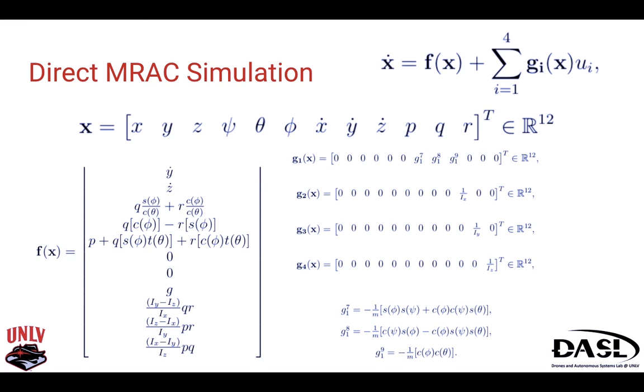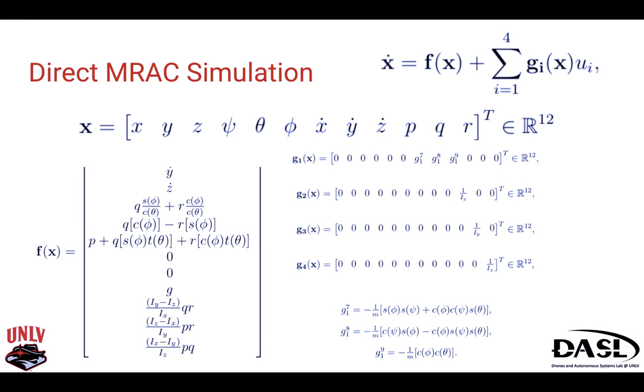So my state looks like this. The nonlinear dynamic equation has a function of state f of x, and then also a mapping g of x that also takes some state information, and then maps our u inputs, which are thrust, roll, pitch, and yaw.